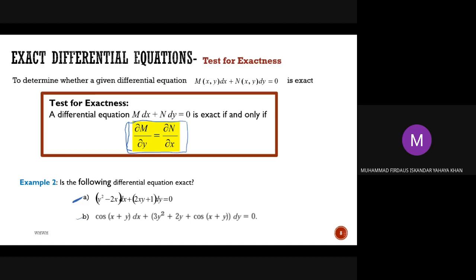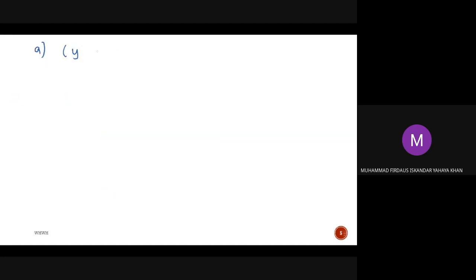So y square minus 2x, times 2x dx, plus 2xy plus 1 dy, equals 0.